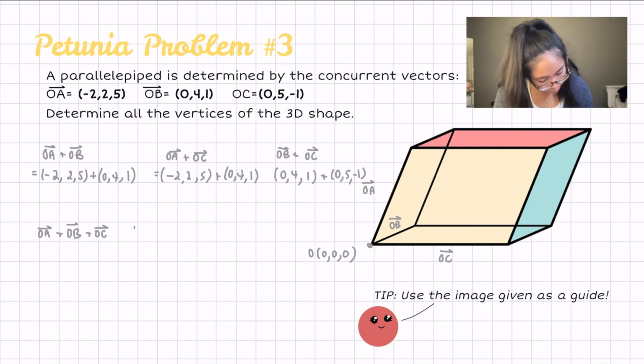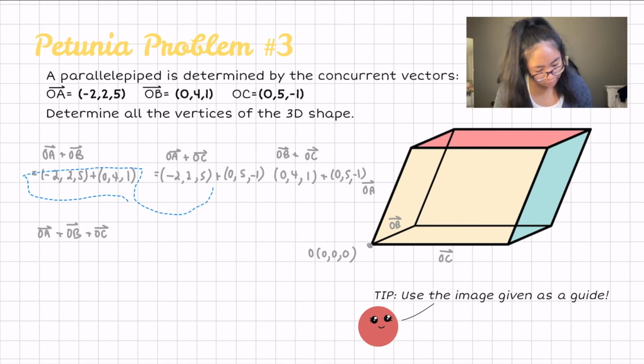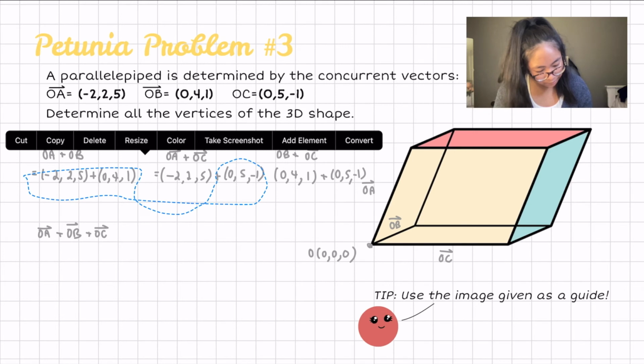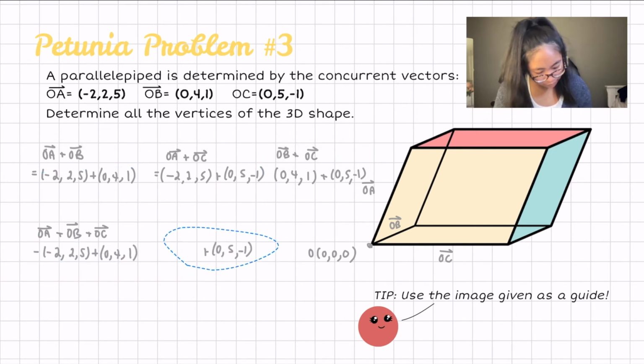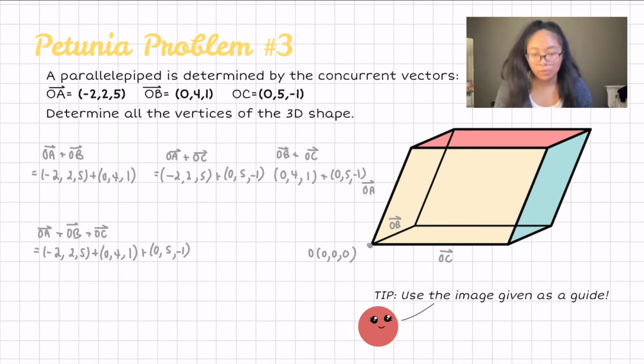I think I actually wrote down B here instead of C. And we're going to copy this. Okay, beautiful. And now we just add them. So -2 plus 0 is -2. 2 plus 4 is 6.